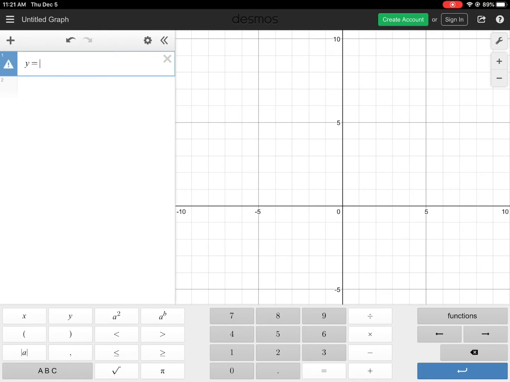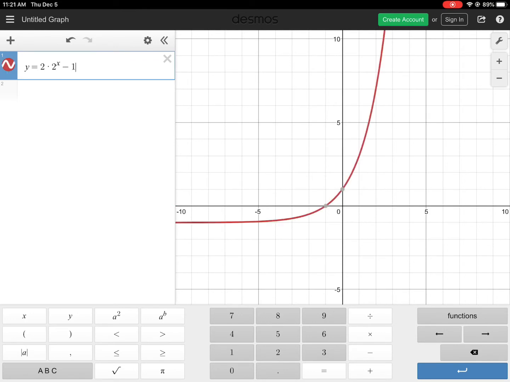So, again, let's say it's y equals, we had what, 2 times 2 to the x, okay? And we are subtracting 1 from that, okay?